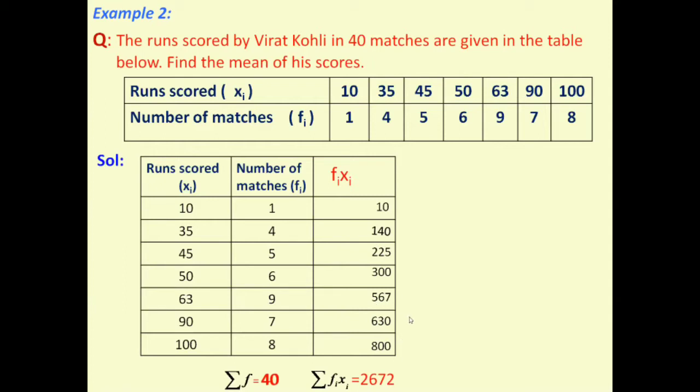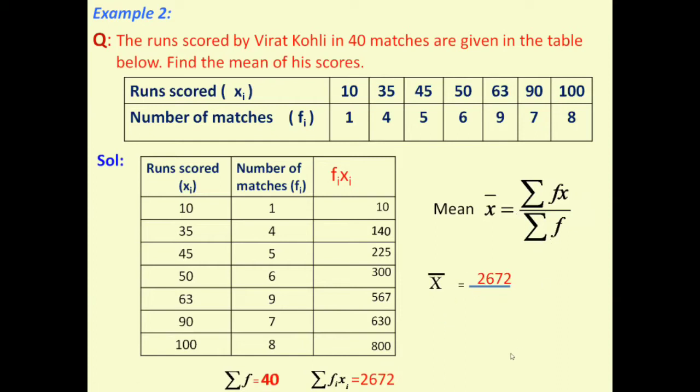So the sum is 2672. Now we have to take the formula of mean. The mean formula is x bar equals sigma fx by sigma f. We already have the values of sigma fx and sigma f. So we bring the value of sigma fx, which is 2672, and copy it here.